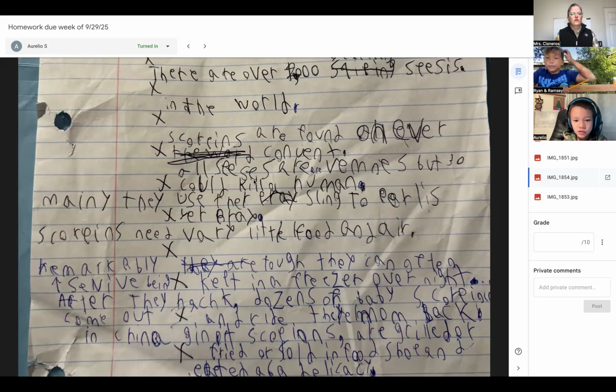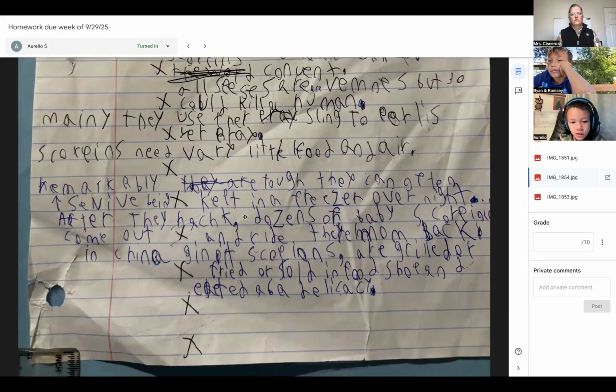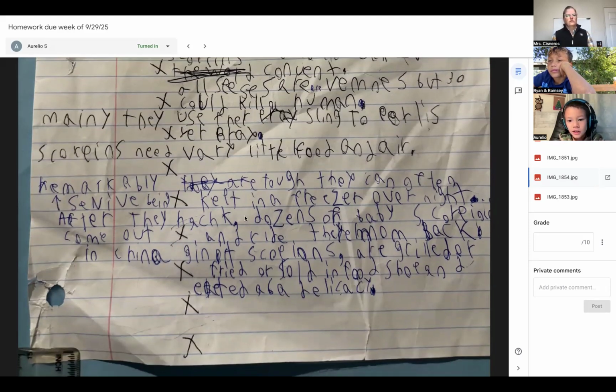Mainly, they use their sting to paralyze their prey. Scorpions need very little food and air. Remarkably, they are tough. They could survive being kept in the freezer overnight.